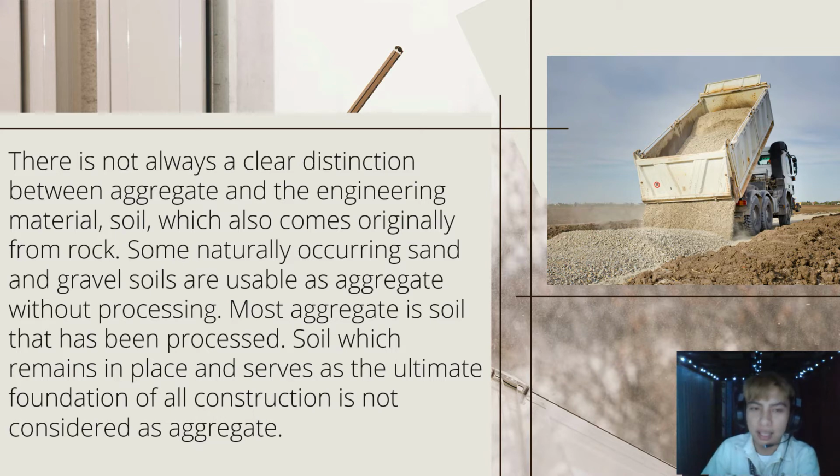Pero yun nga lang ang tatandaan natin na ang soil is pwedeng i-process para mag-turn into aggregates, but yung aggregates cannot be always soil. So, merong mga other materials or other sources ng aggregates na hindi related sa soil pero kayang mag-produce ng aggregates through extraction and other types of processing.